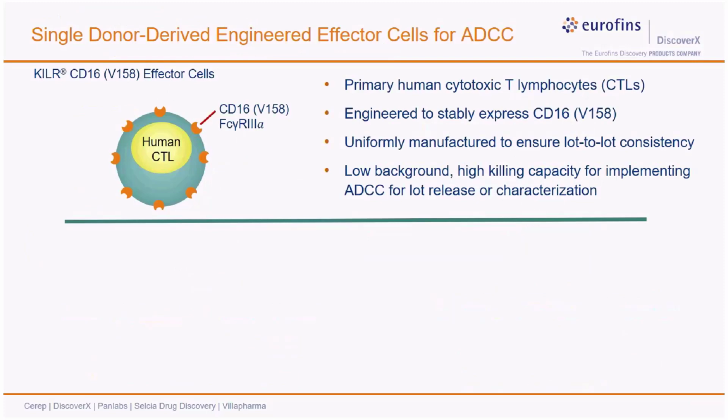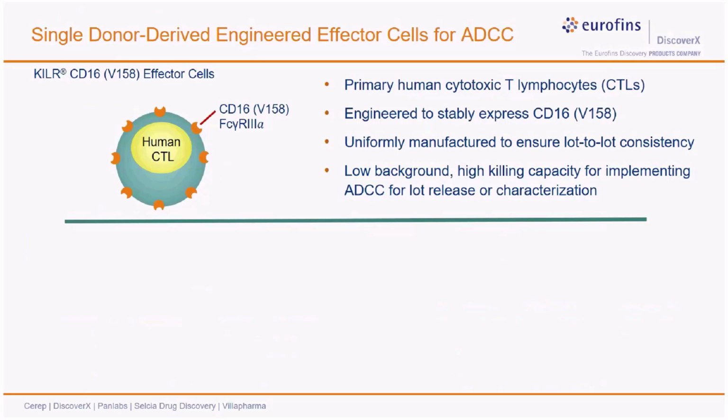Let me add a few other technical details to these CD16 effector cells. As I mentioned, firstly, these are human cytotoxic primary T cells engineered to stably express the V158 variant of the CD16 receptor. This V158 variant is known to have higher affinity for IgG.